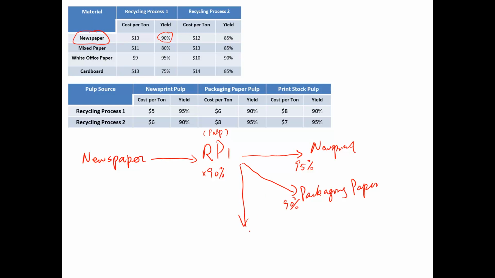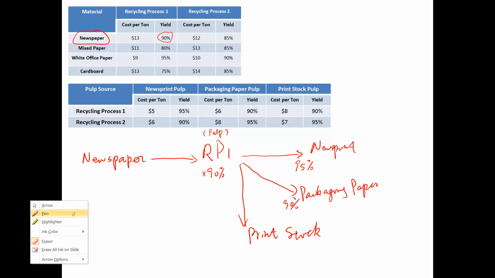And you can get print stock pulp, for which you get a 90% yield rate. So this is for newspaper going through recycling process 1. When it comes out of the first step, it loses 10%, and when it is translated into these three different specific pulp types, it loses a different percentage.